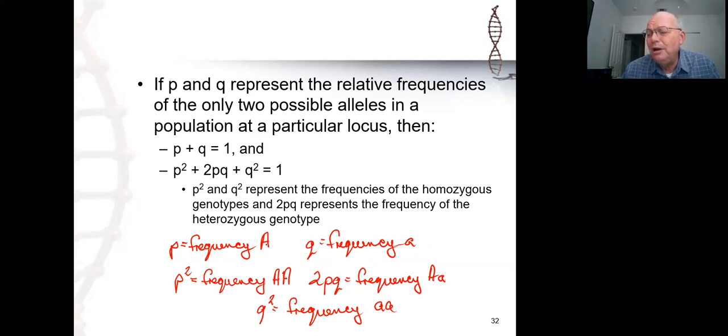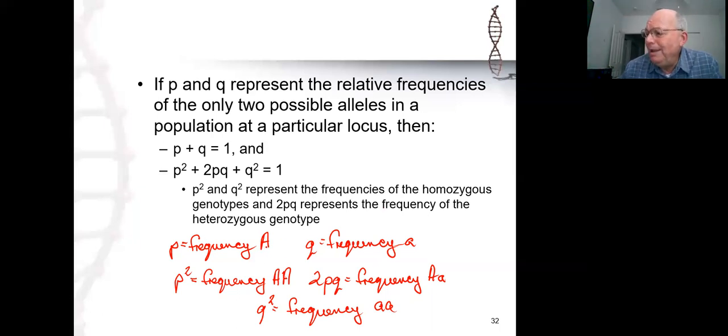P is the frequency of the allele for the dominant trait. So it's the dominant allele, if you want to use that terminology. I don't like that because it's not accurate. It's the allele for the dominant trait. Traits are dominant and recessive, alleles never are. Alleles are just alleles. The traits are what are dominant and recessive.